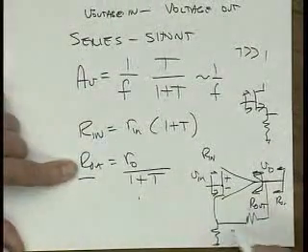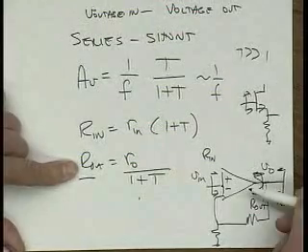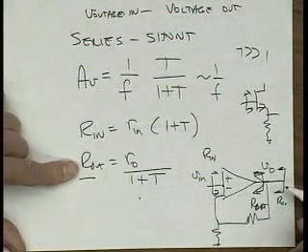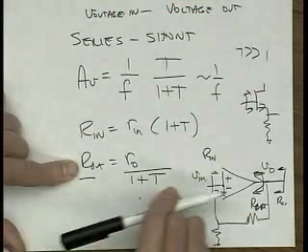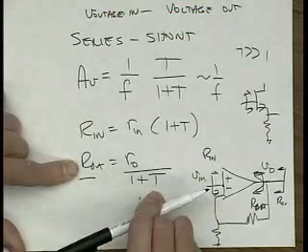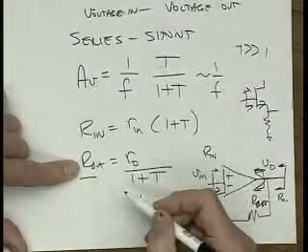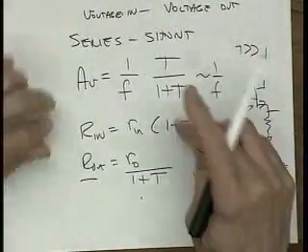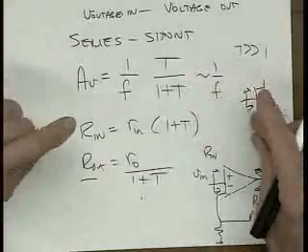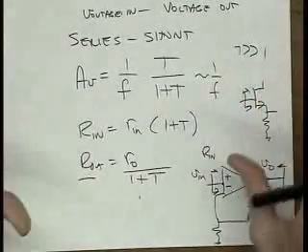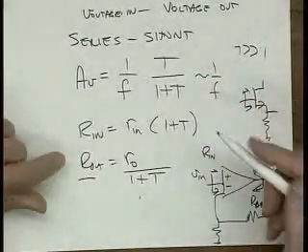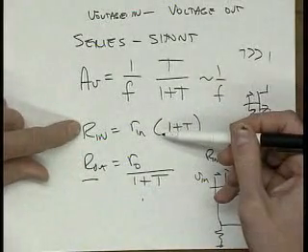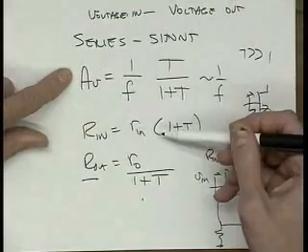This feedback makes the output resistance smaller and the input resistance larger. It makes it a more perfect voltage amplifier. So that's the way to think about these things. You can remember all these formulas, but if it's voltage in, voltage out, negative feedback makes it all better. It makes the output resistance smaller and the input resistance larger. And the gain's like this.